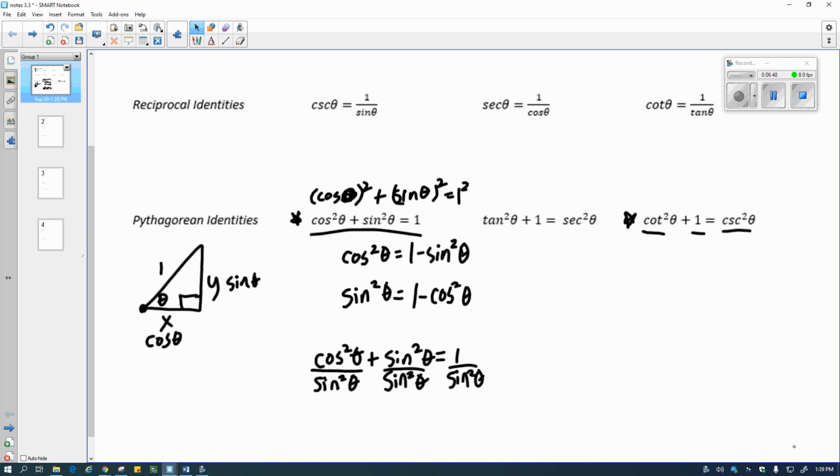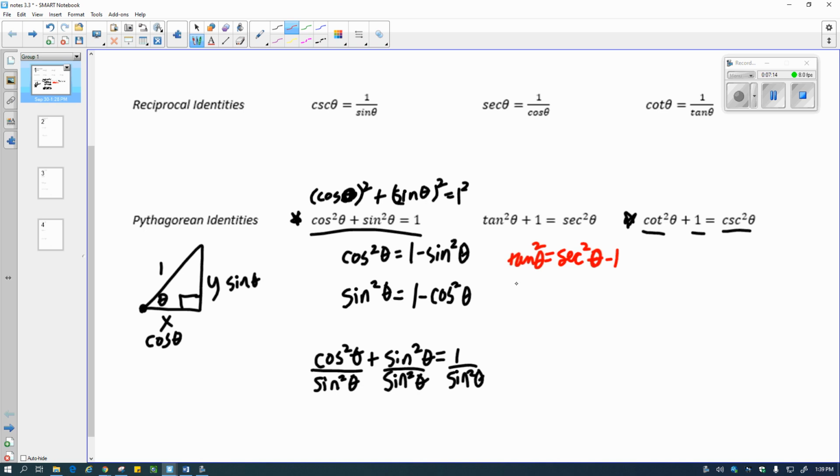Now, you can do a little algebra and manipulate these as well. So like this first one I could write as tangent squared theta equals secant squared theta minus 1. I just subtracted the 1 on both sides.